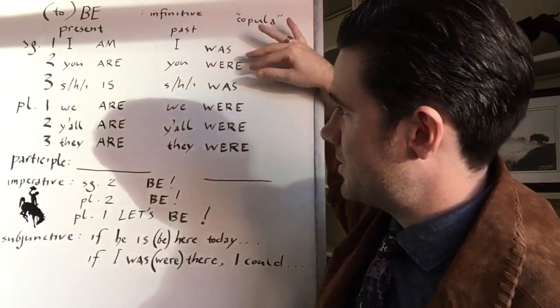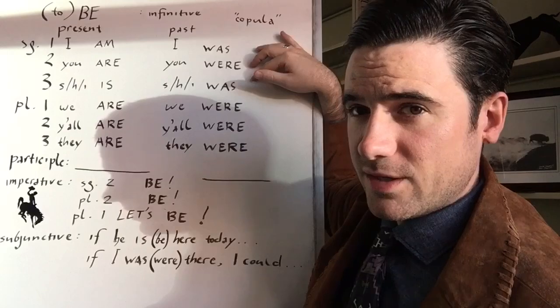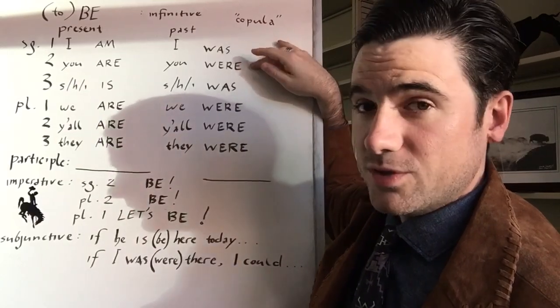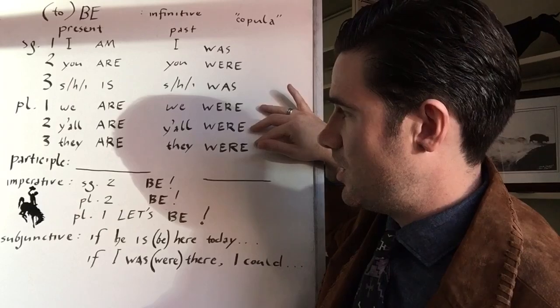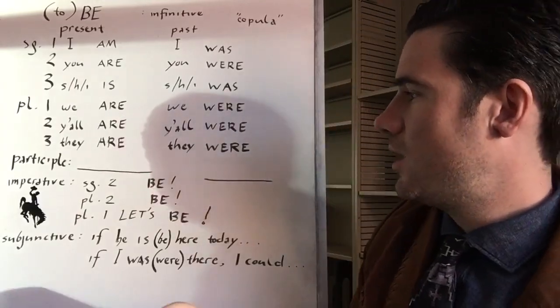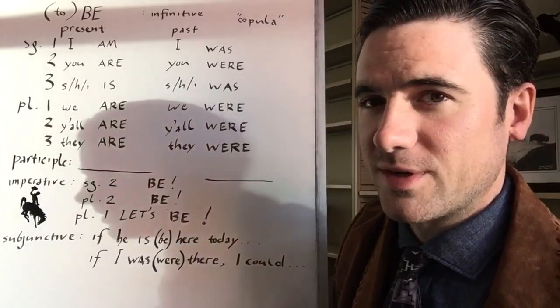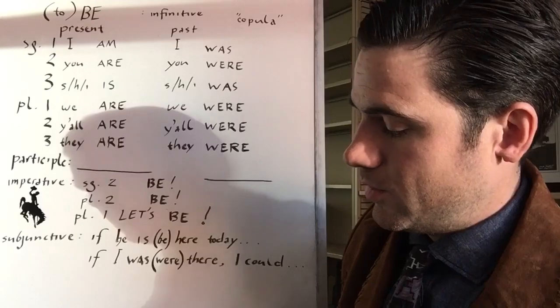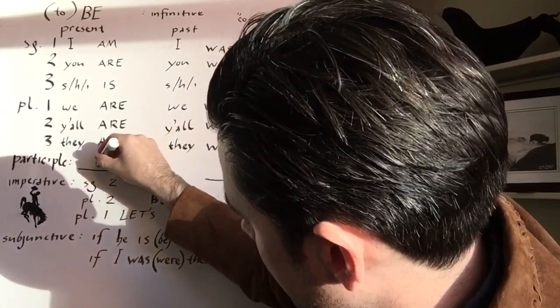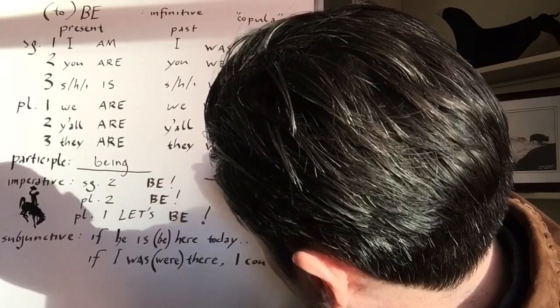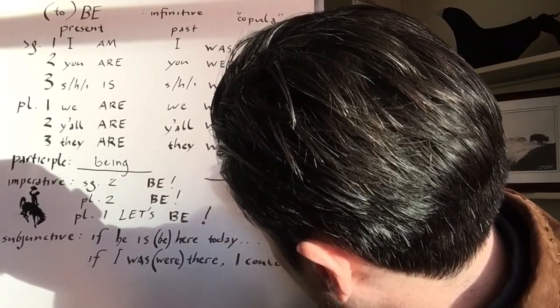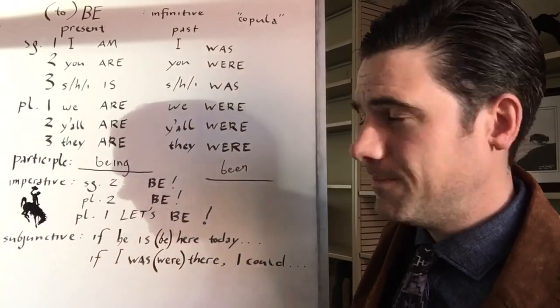And in the past tense, we also see distinctions that aren't made in any other verb in the language. I was, but you were. But she was, and then were, all in the plural. We also have, I forgot to write in the participles. We also have participles being and the past participle been.